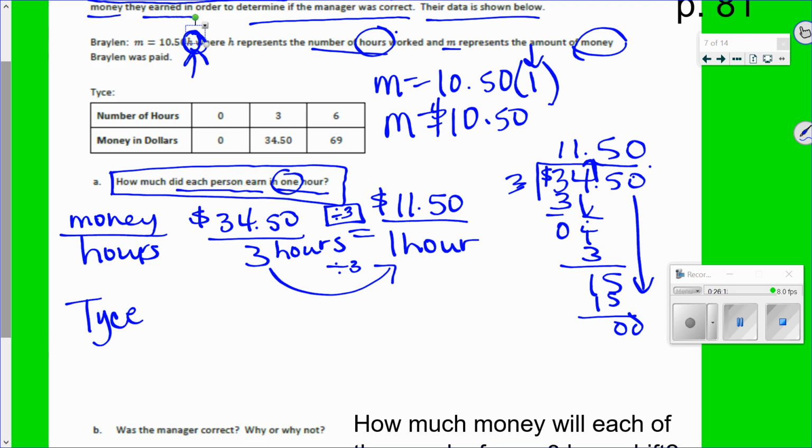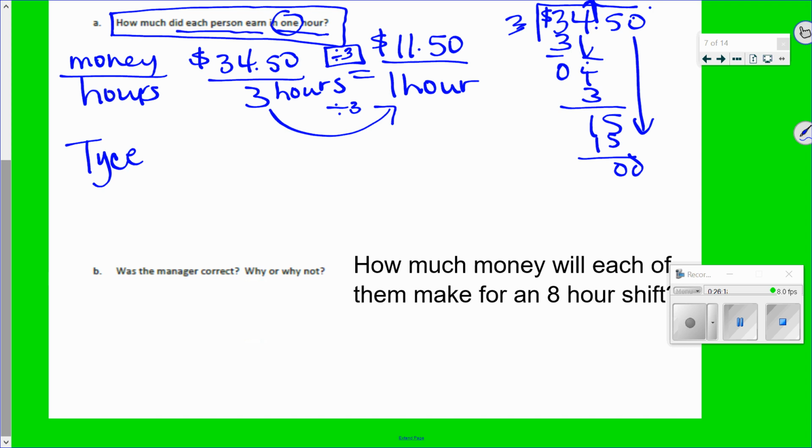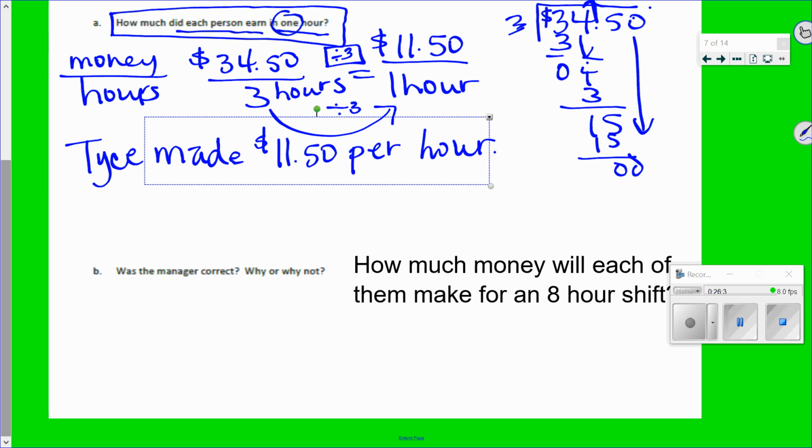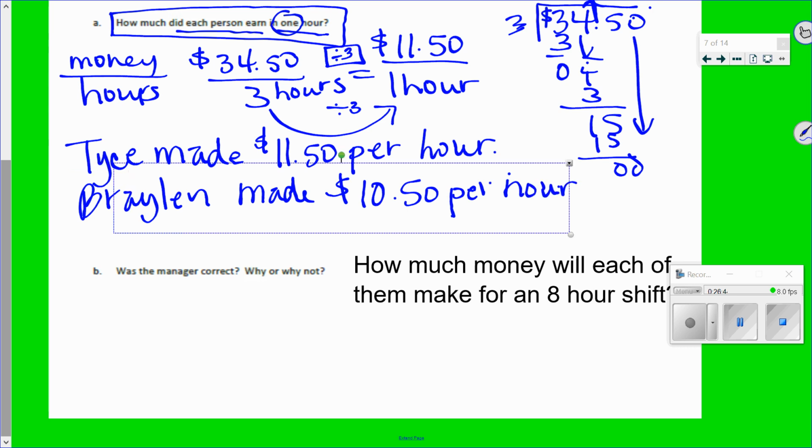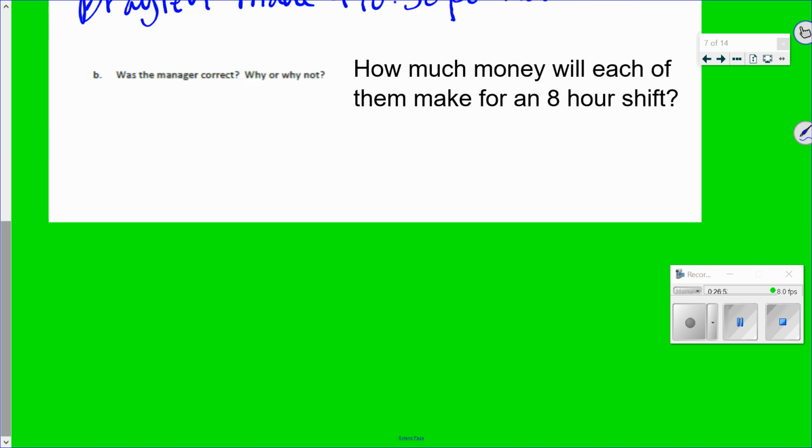Okay? So Tice made how much? $11.50. Yes. And then Braylon made how much? Braylon made $10.50, per hour. Right here, was the manager correct?